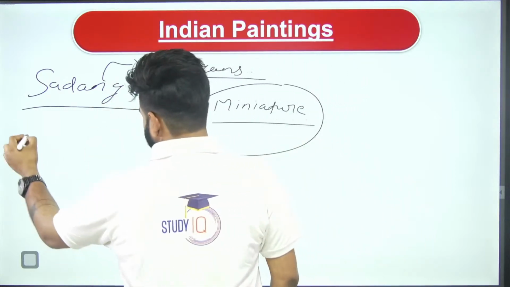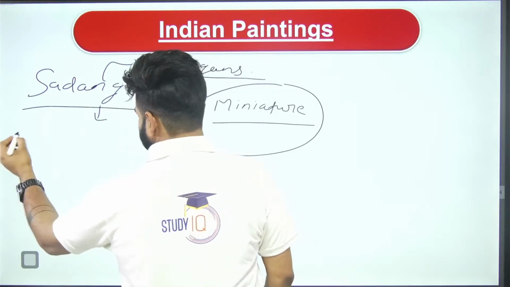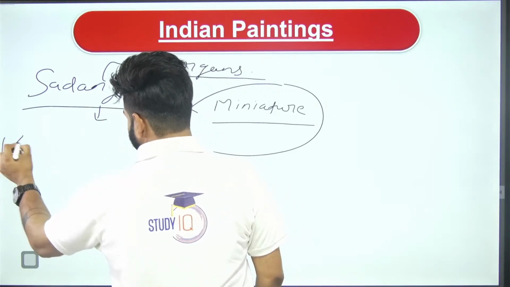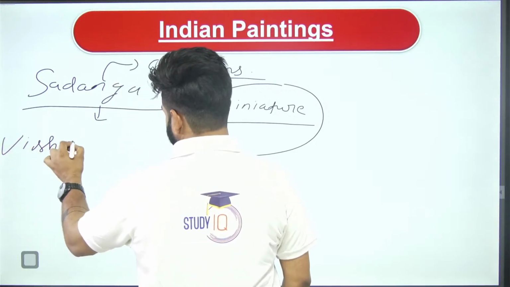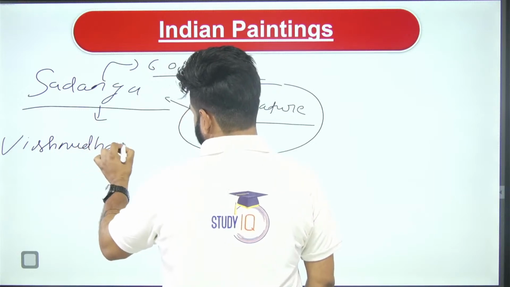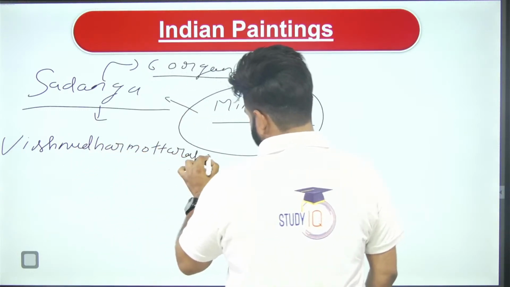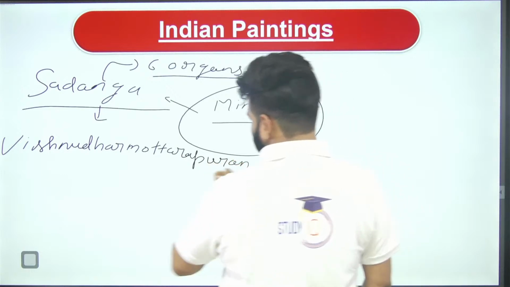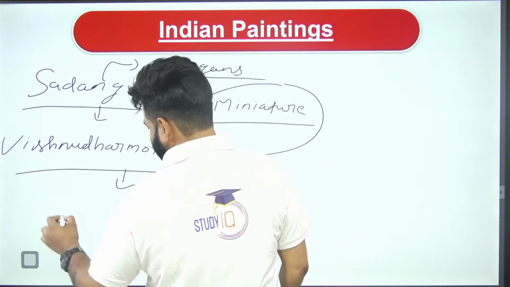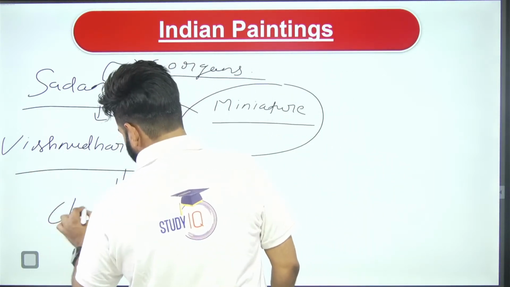Where is this Shadanga mentioned? In the book Vishnudharmottara Purana. The name of the chapter was Chitra Sutra.